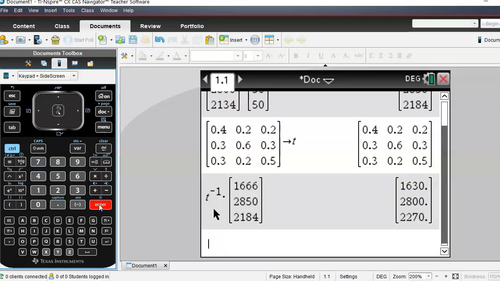Okay, so that gives us our A2: 30, 2810, 2270 equals A2.